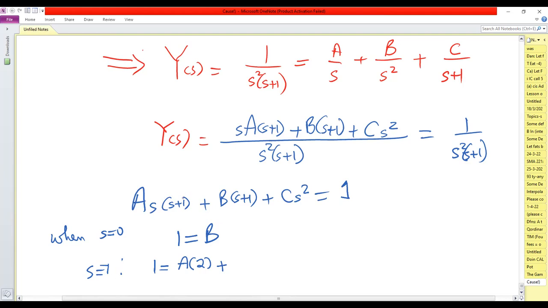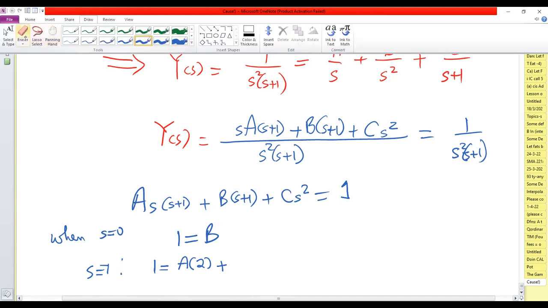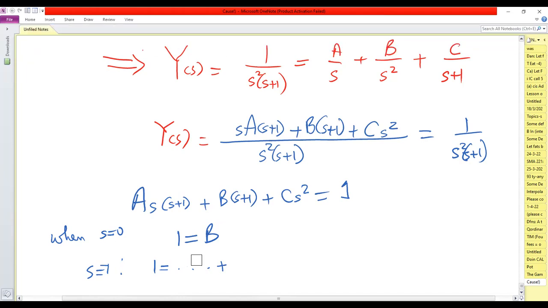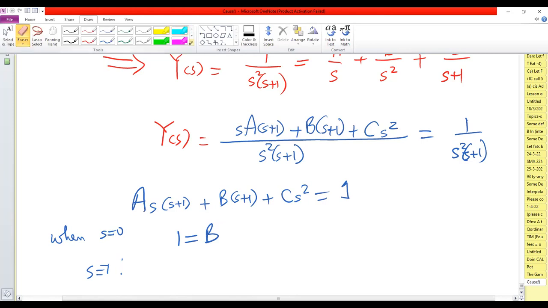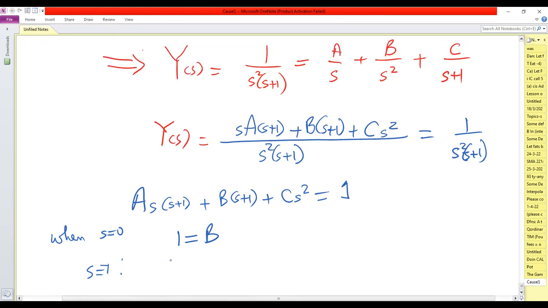So the A and B terms will not be in the equation, and so we'll get the value of C. So we'll get (-1) squared is 1, so 1 is the same as C. So C is also 1.